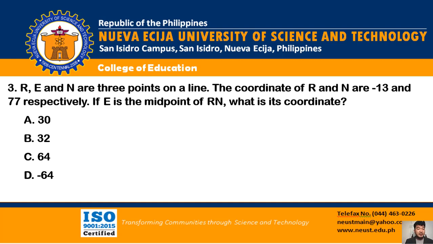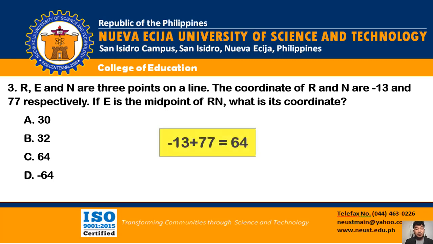Number 3, R, E, and N are 3 points on a line. The coordinate of R and N are -13 and 77 respectively. If E is the midpoint of RN, what is its coordinate? This time, we are looking for the midpoint of the line segment given the coordinates of its endpoints.